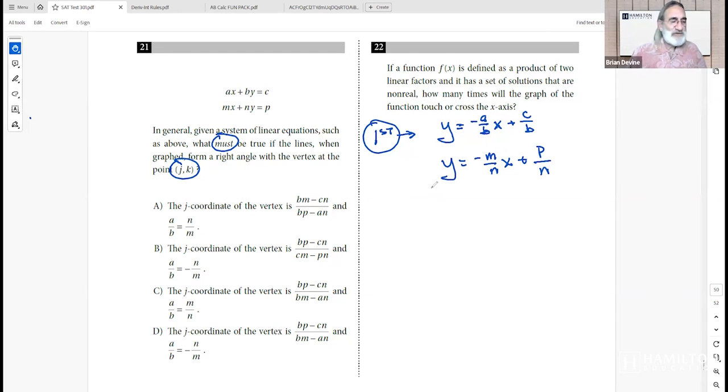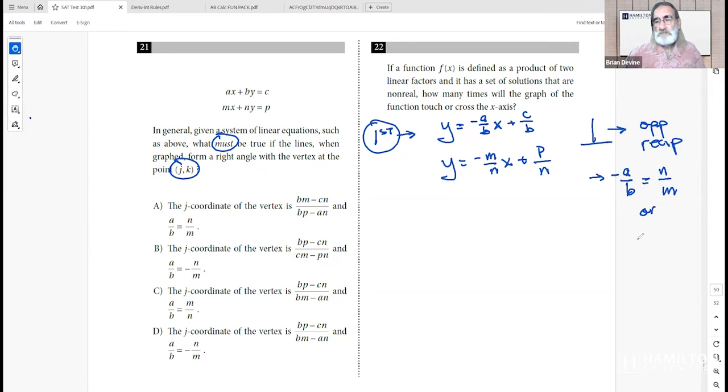Now, these lines have to be perpendicular. And so if they're perpendicular, immediately that implies opposite reciprocal. And so we must have then that negative a over b equals the opposite reciprocal of the slope of the second line, which would be n over m.